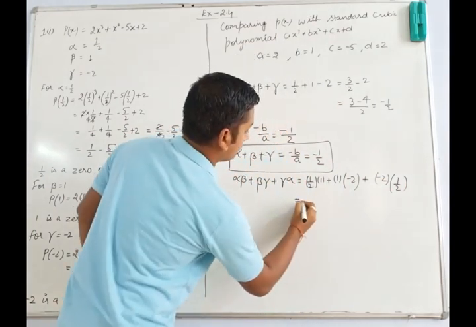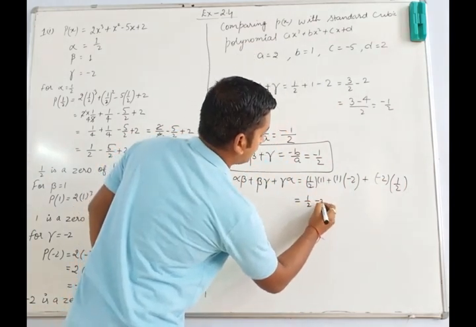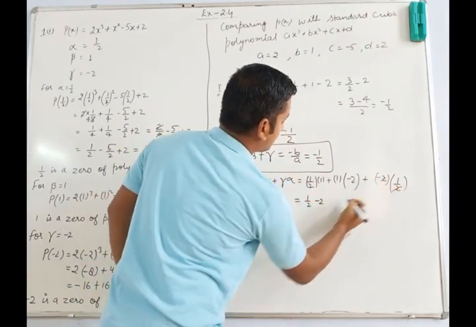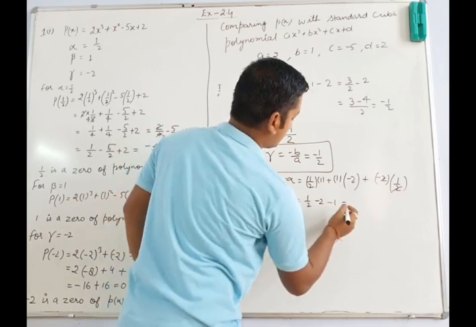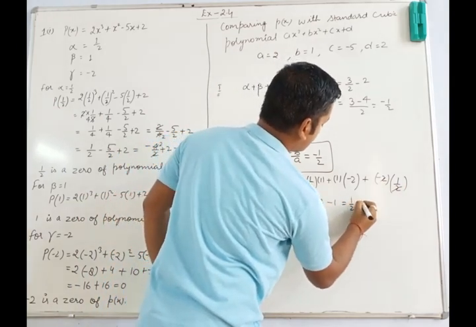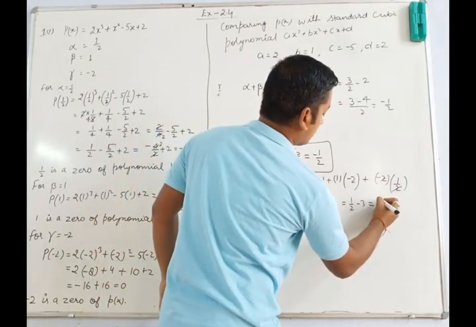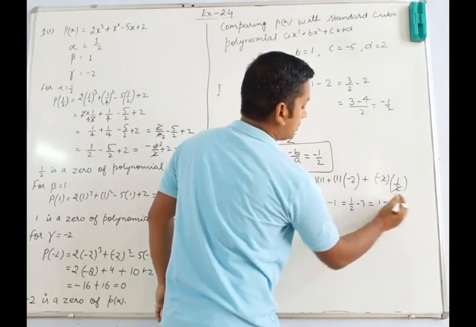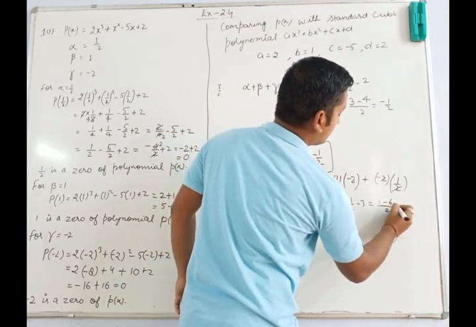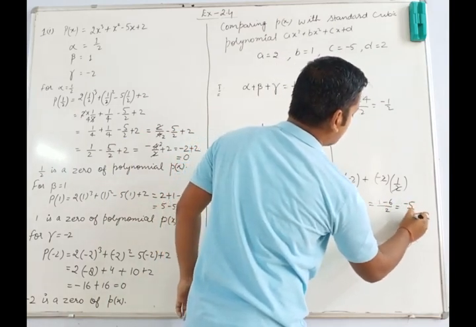So what will it become? Half, and minus 2, the 2 and 2 will cancel out, and you will be getting a minus 1. So what will it become? Half minus 3. Minus 2 minus 1 will give you minus 3. So now 1 minus 6 upon 2, so it will become minus 5 by 2.